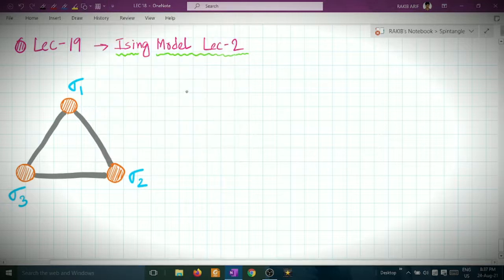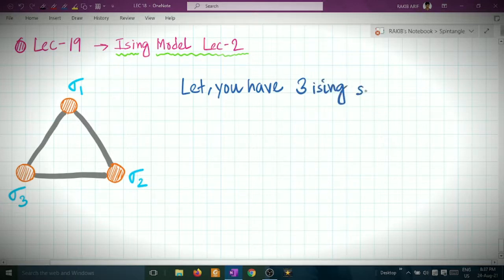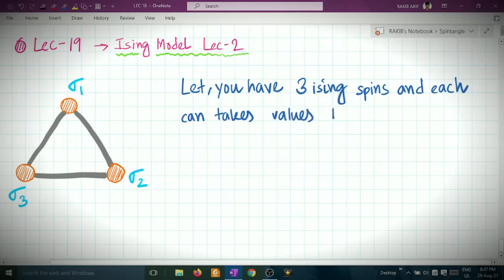I am writing the problem first. Let you have three Ising spins and each can take values plus minus 1.